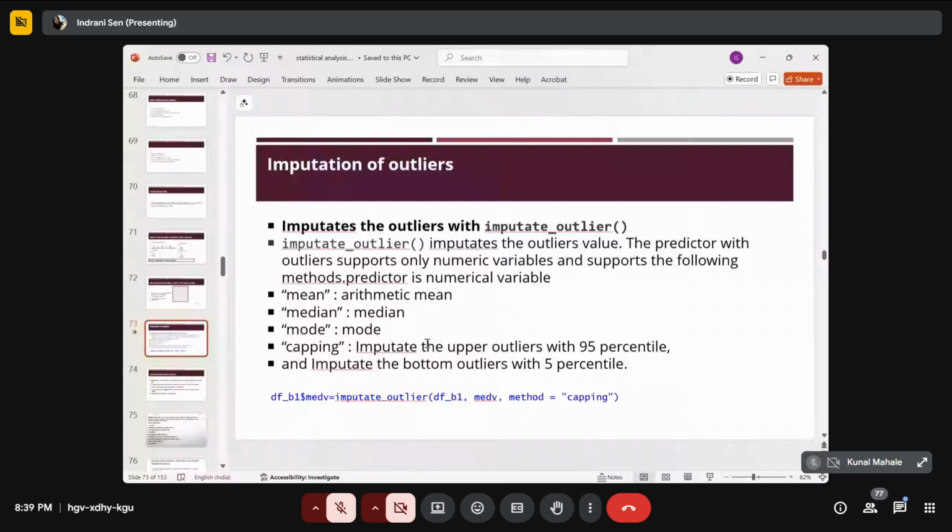We can also do capping and flooring. Flooring means replacing the outliers below the lower bound with the 5th percentile of your data, and capping means replacing the outliers above the upper bound with the 95th percentile of data. This is called capping and flooring.